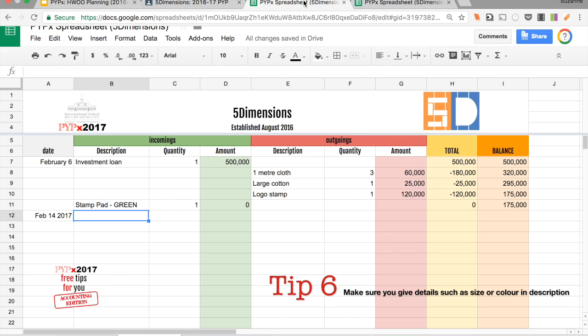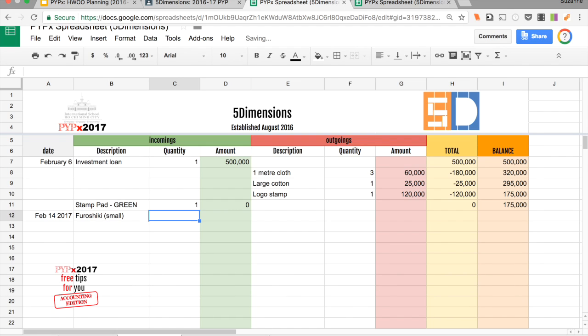Okay, so on February 14th I sold some small furoshiki. I sold 2 at 150,000 each. So together that would be 300,000.